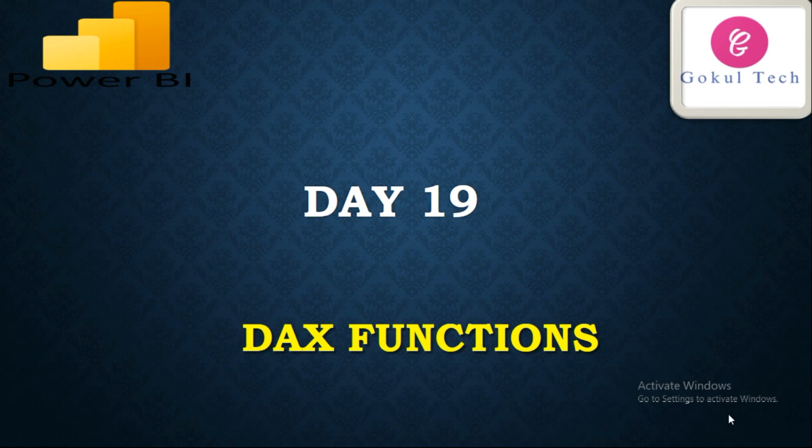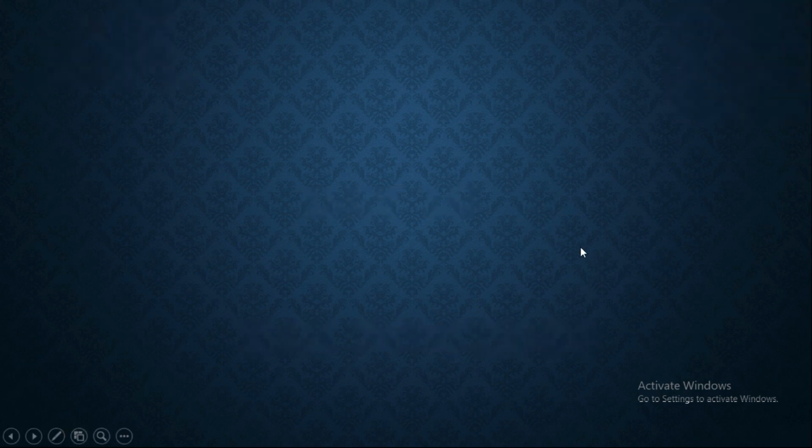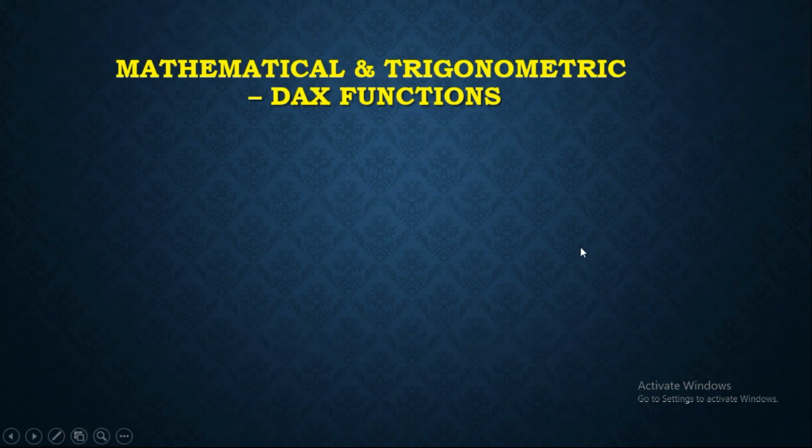And currently we are dealing with mathematical and trigonometric DAX functions, in which we have already dealt, in the previous video we uploaded, with the ABS function and the ACOS function, and today we are going to deal with the degrees function.